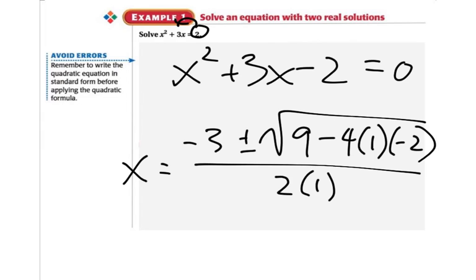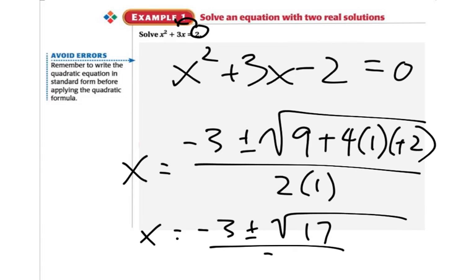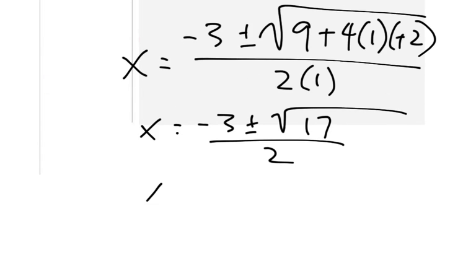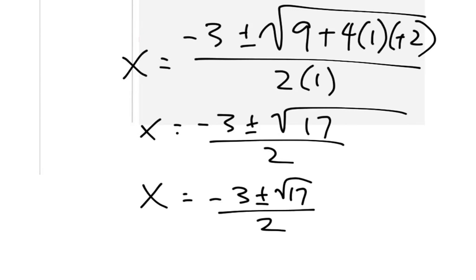And you're going to write x equals, which means this is x equals negative 3 plus or minus the square root of, these two cancel out, so that's 8, that's 17, over 2, which means x is equal to negative 3 plus or minus root 17 over 2.